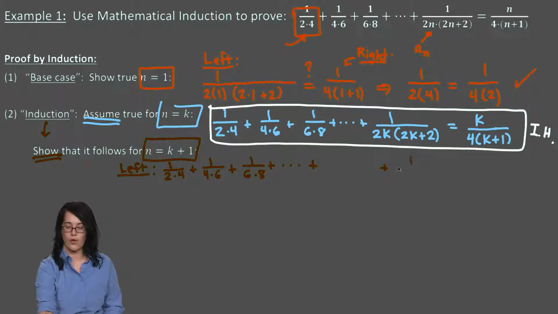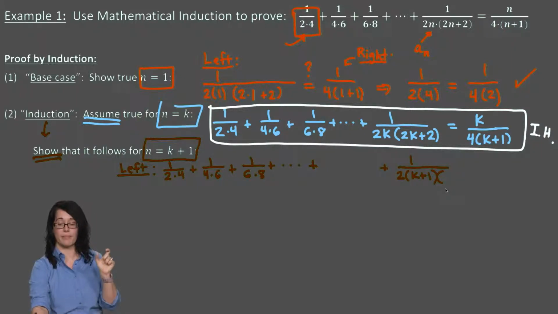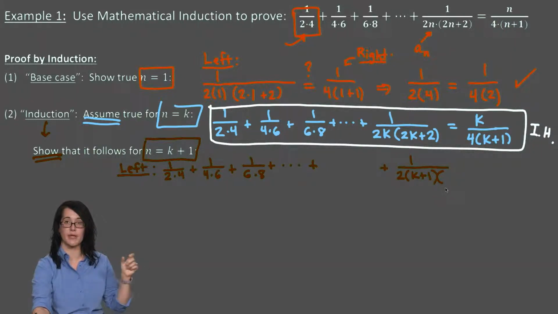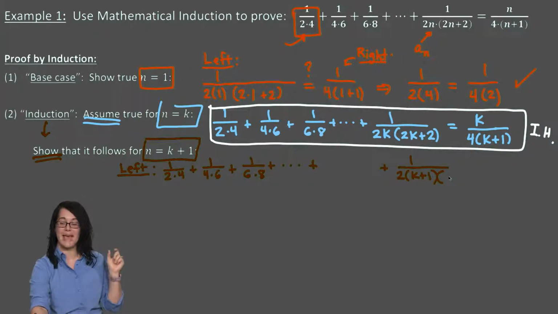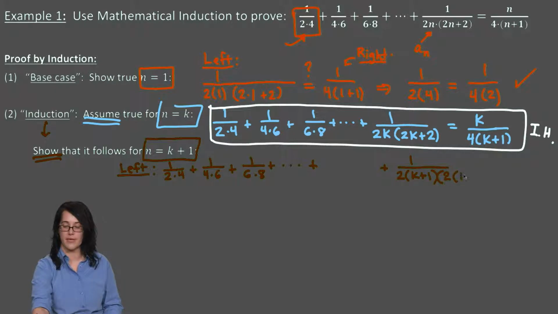Plus 1 over 2 times, and instead of n, I'm writing, that's right, k plus 1 in parentheses. So 2 times (k plus 1), now it's supposed to be 2 times n and then plus 2. But here, it's not n, it's going to be k plus 1. So carefully, that's 2 times (k plus 1), that was your n that we replaced with k plus 1, and then add 2.